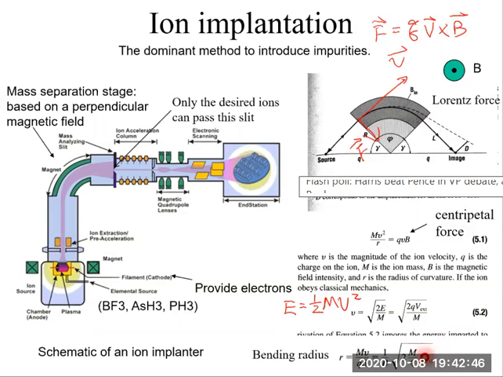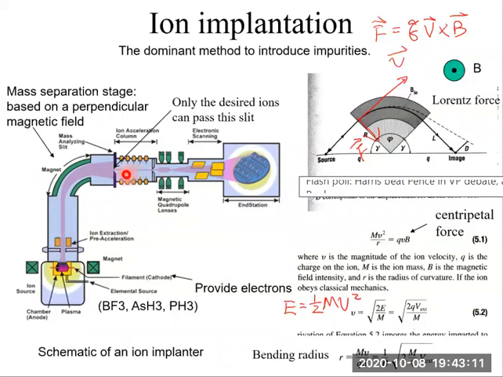Different ions have different mass over charge ratios. Thus, different ions, when they pass this mass separation stage, will have different bending radii.